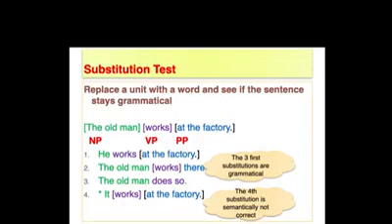Which means that the grammaticality of syntax doesn't come only from structure rules or phrase structure rules, but it comes also from lexical rules, rules of semantics, rules of meaning. So that's why we consider that the fourth substitution test is not possible.